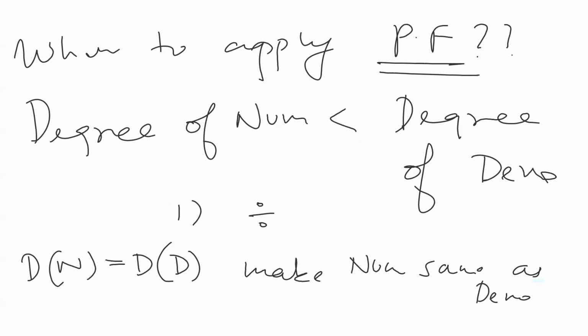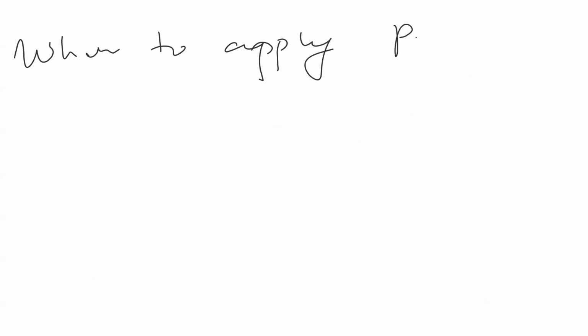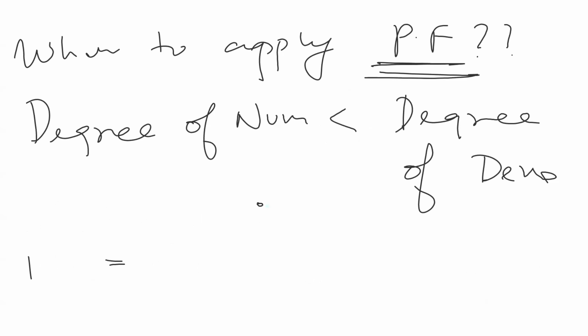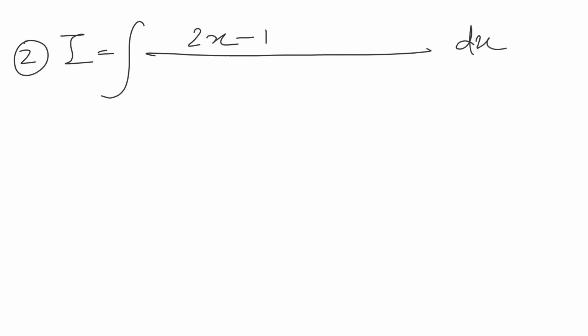Okay, so we are going to the first category of problems, that is partial fraction type 1, distinguished linear factors. So let's go to the second problem. Integration of 2x minus 1 upon x minus 1, x plus 2, x minus 3 dx.